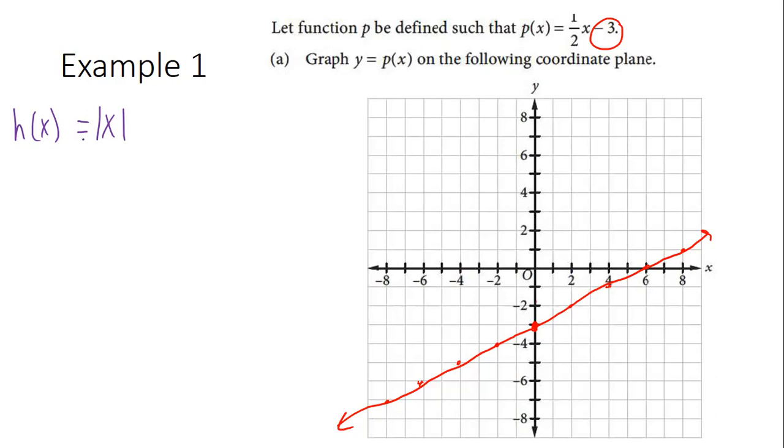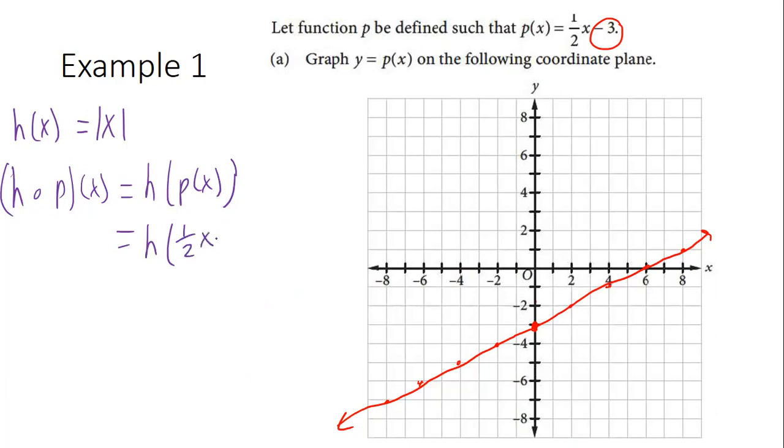So the absolute value function is here. Now, we're gonna find H composed of P of X, which means that we're gonna take H and substitute in P of X. Do y'all remember composition from last week? Yes. So H composed of P of X means I'm taking P of X and substituting it into H. P of X equals 1/2 X minus 3.